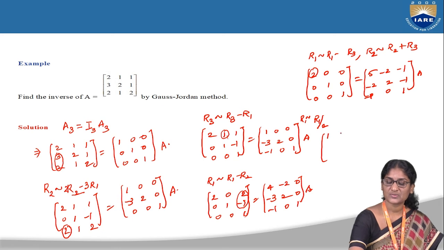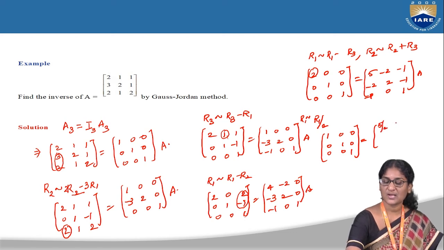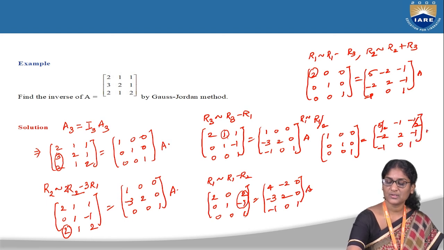So we get 1 0 0, 0 1 0, 0 0 1, the identity matrix on the left hand side, and the same is applied to R1 on the right hand side, the prefactor: 5 by 2, minus 1 by 2, minus 2 2 minus 1 0 1, into A. Therefore A inverse is equal to 5 by 2, minus 1 by 2, minus 2 2 minus 1 0 1.